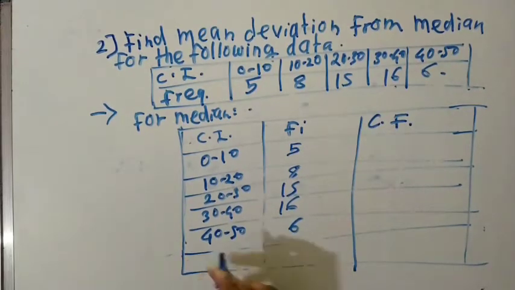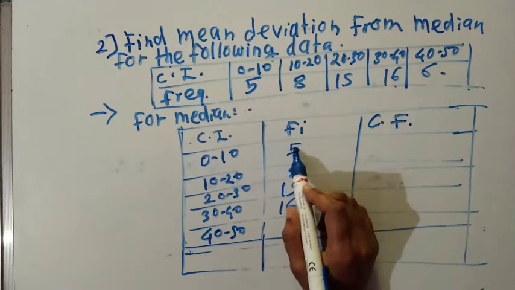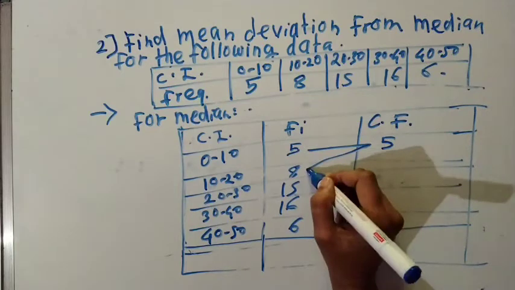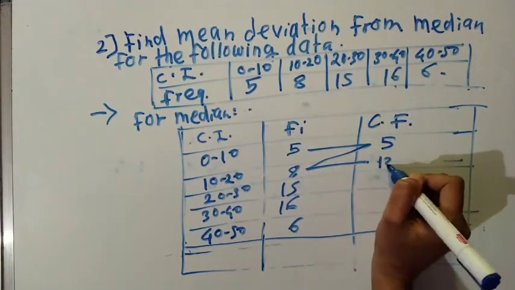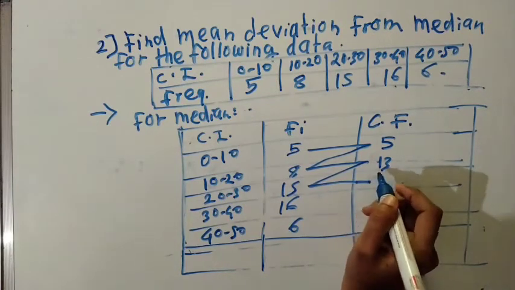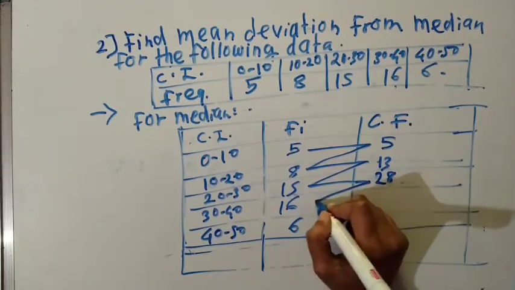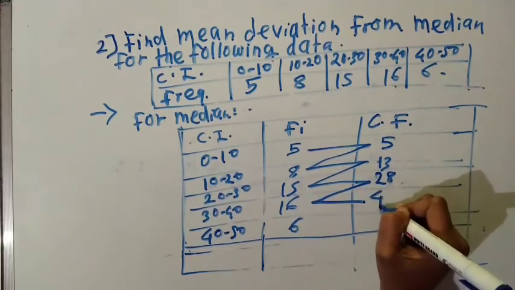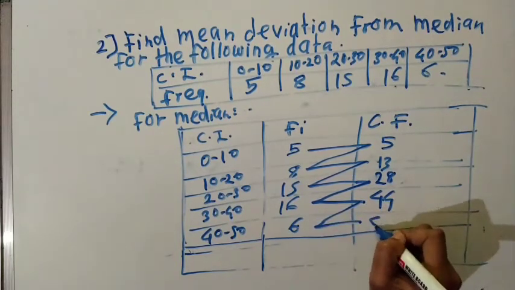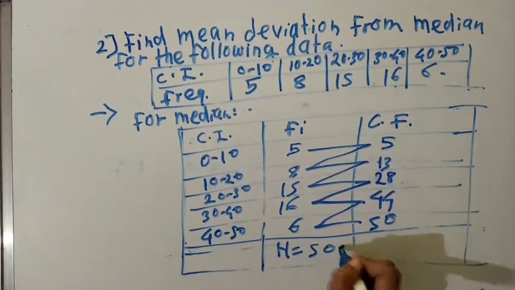Then how to find out cumulative frequency? Cumulative frequency is 5, and 5 plus 8 is 13, 13 plus 15 is 28, 28 plus 16 is 44, and 44 plus 6 is 50.